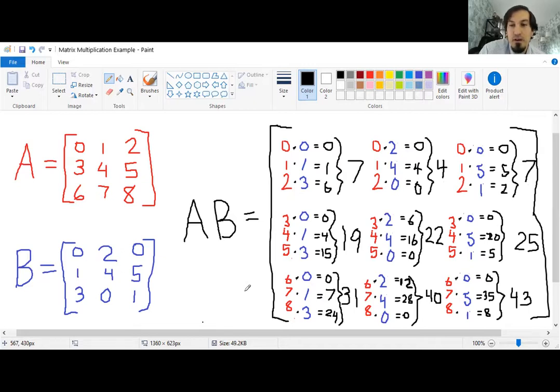It's really a way of combining data into one object. Let me just say what I mean here. Imagine the matrix A is actually 9 pieces of data. 0, 1, 2, 3, 4, 5, 6, 7, 8. That's just the numbers between 0 and 8 going in order.